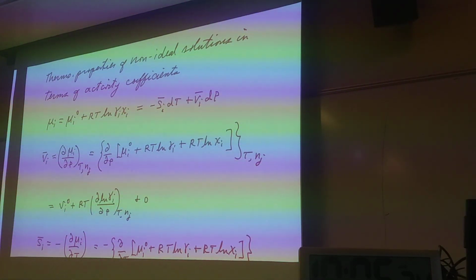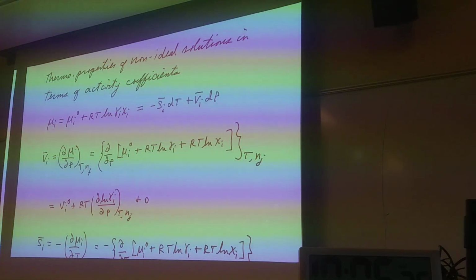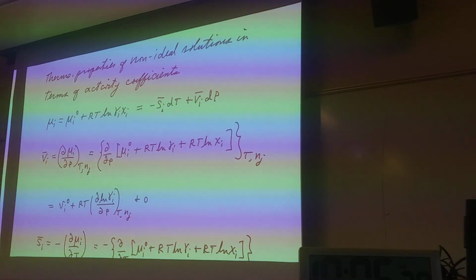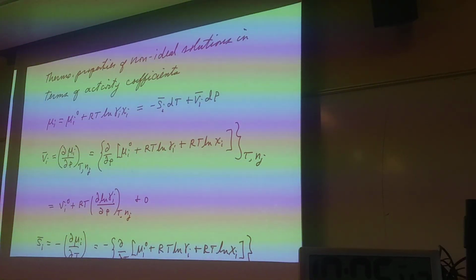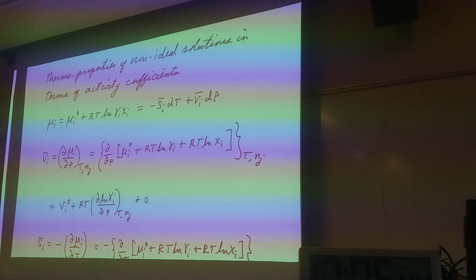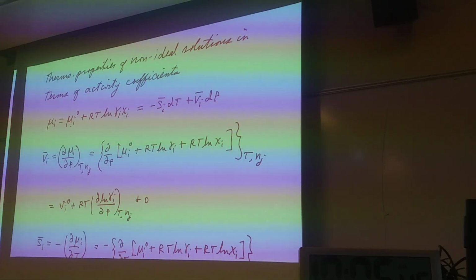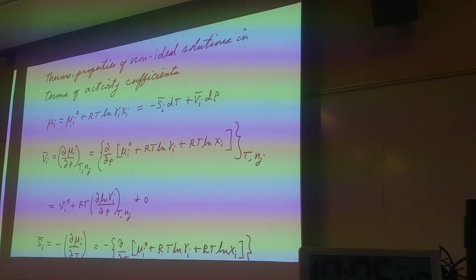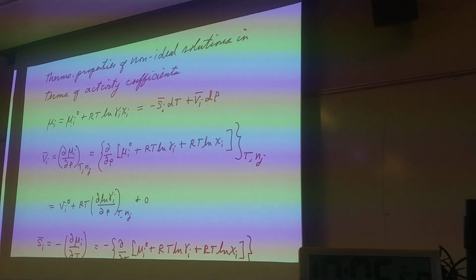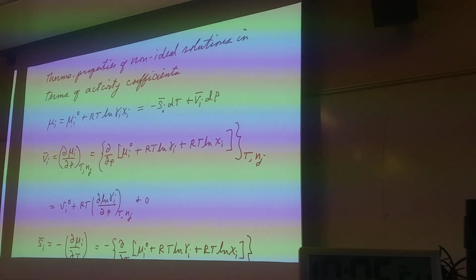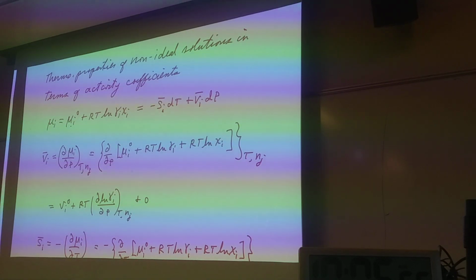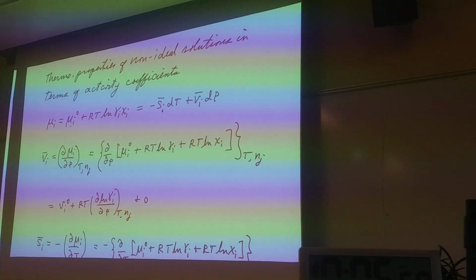So what I'm concerned with here is the thermodynamic properties of non-ideal solutions in terms of activity coefficients. Now what I've got is an expression for the chemical potential, which is the pure component value plus RT times log of the activity, in other words, a modified mole fraction, gamma i times xi. And that's equal to, as before, just using the fundamental equation.